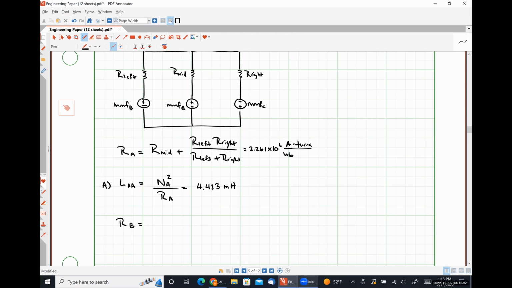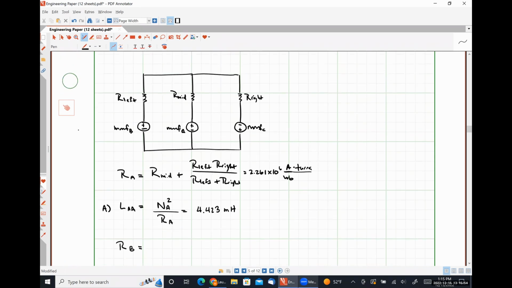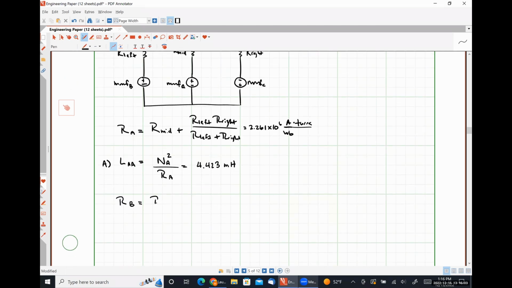So what's our equivalent reluctance seen by coil B? Yep, R left plus R mid in parallel with R right. Absolutely. And numerically, this comes out to be 1.069 times 10 to the 5 amp turns per Weber.